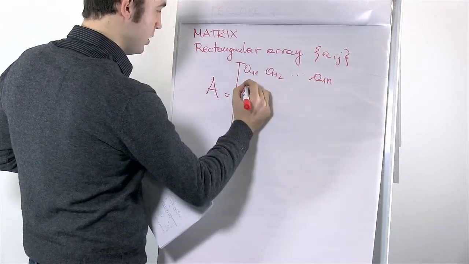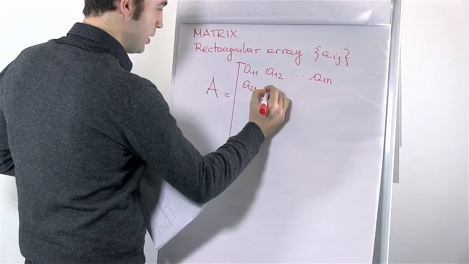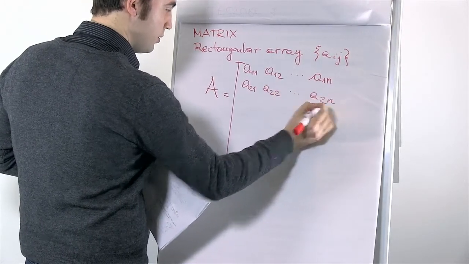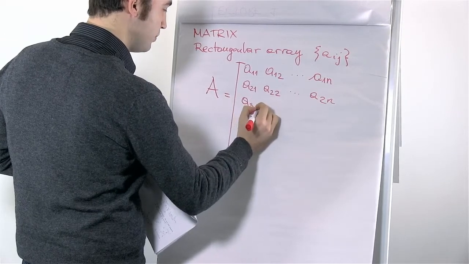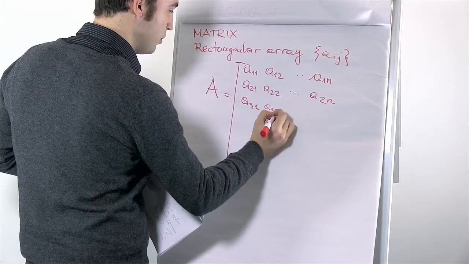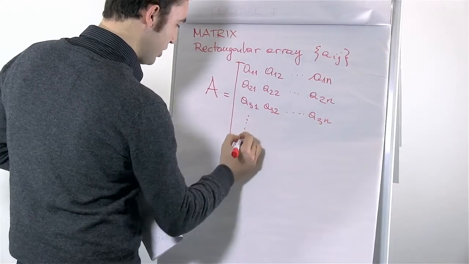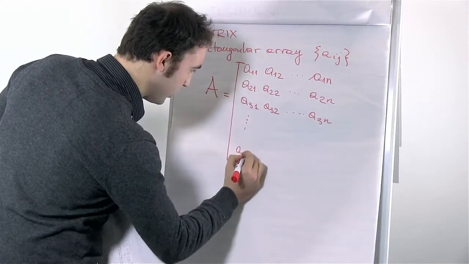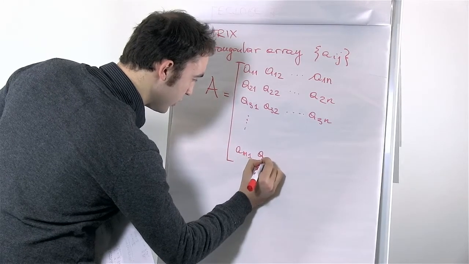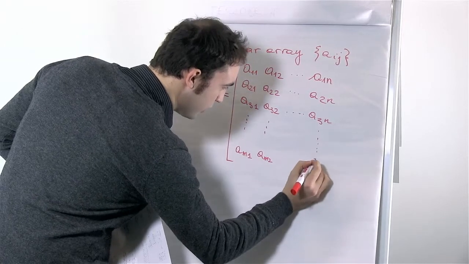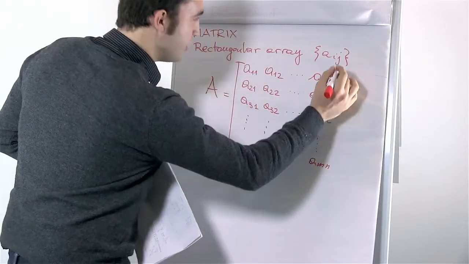A1n, A21, A22, A2n, A31, A32, A3n, etc., up to Am1, Am2, Amn.